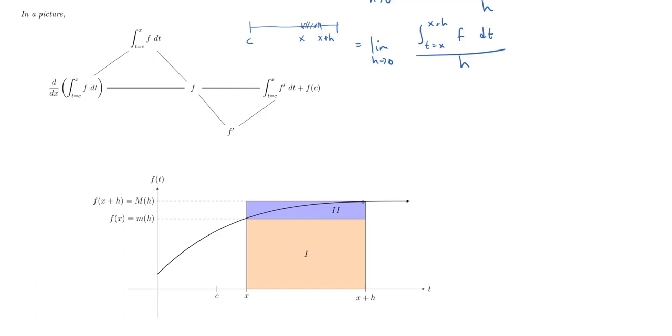So what we also then know is if we find that minimum value, no matter where it is, then all of the other values of f on that interval x to x plus h are going to be larger than this minimum value, right? Which we could maybe call m of h. Okay, why do I write m of h? Well, because it depends on whichever h we're choosing, right?